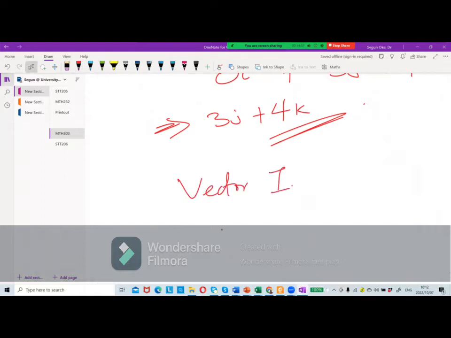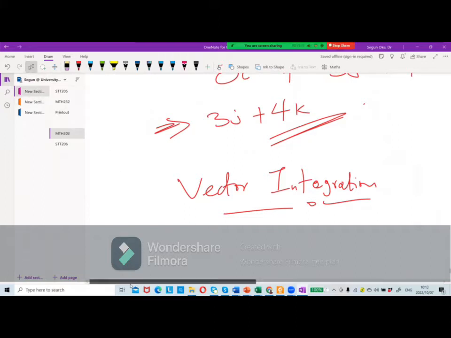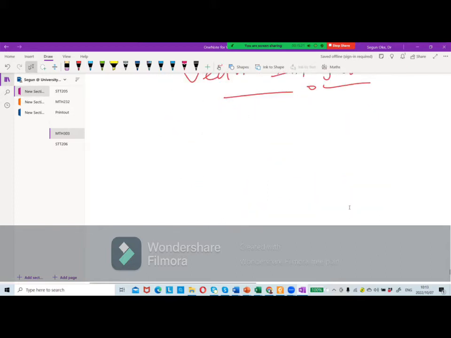Vector integral, or vector integration, let's put it that way. If you check your book also, I think something similar is there, but I wouldn't like to go into those details.